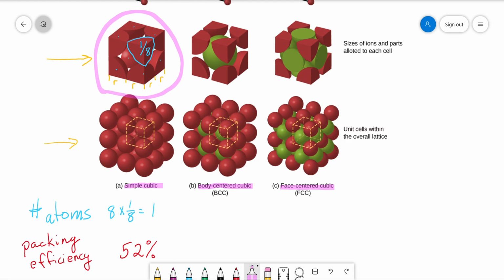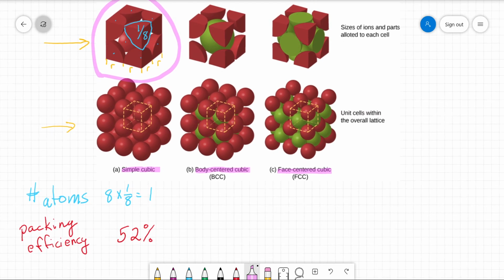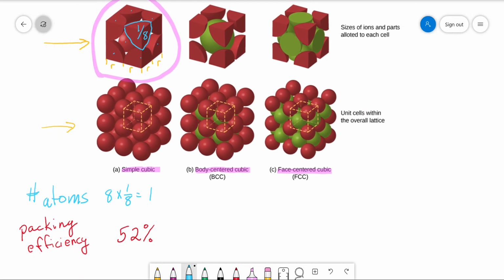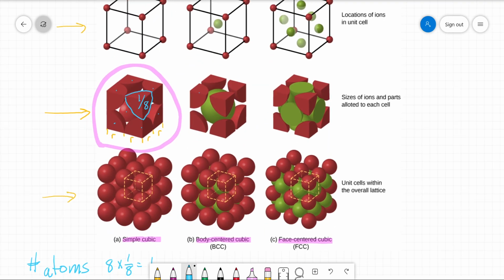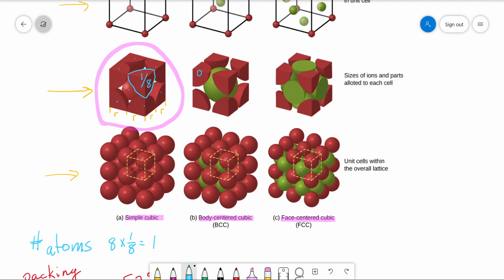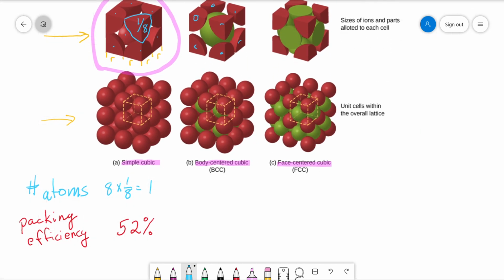Okay, let's go to the body-centered cubic. Let's talk about the number of atoms in the body-centered cubic. So again, we have the 1, 2, 3, 4, 5, 6, 7, and then in the back there's an 8th that we can't see, so that's 1 atom. And then this green, the reason it's called body center is because there's an entire atom that is inside the cube.